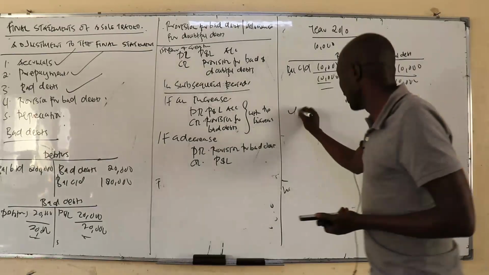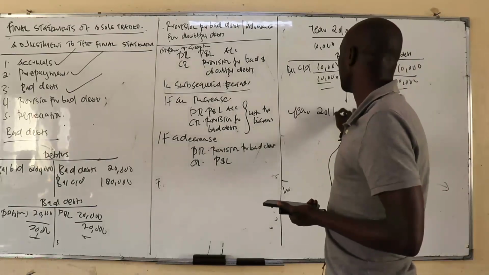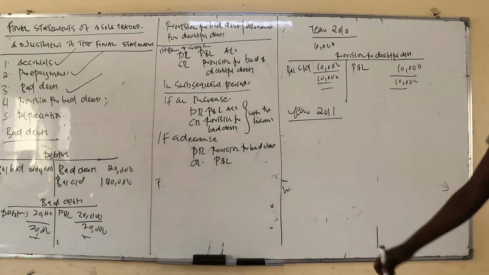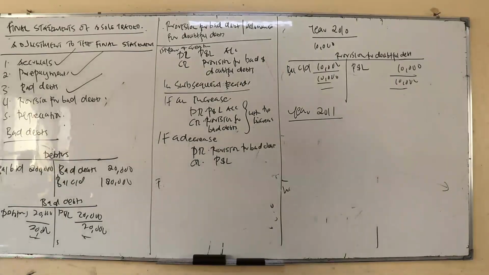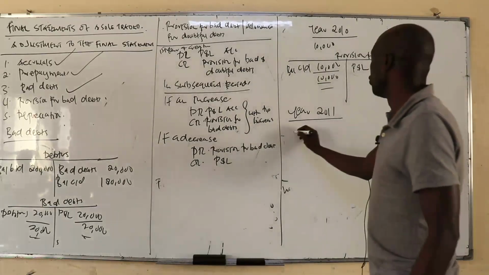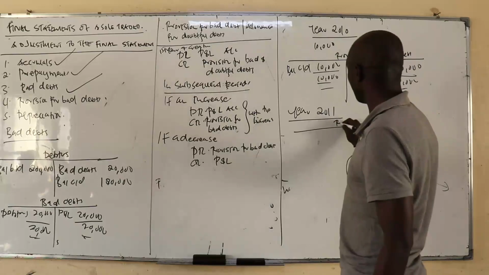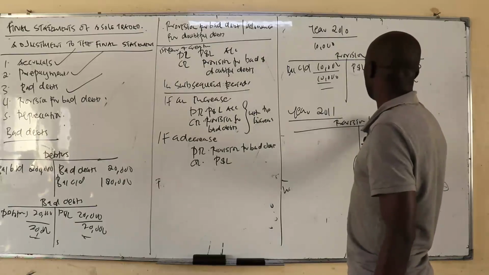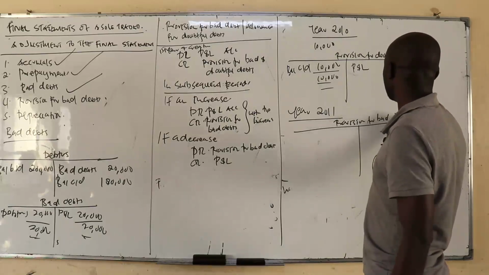Come year 2011, you assess, and this amount is just there. It's not that it's gone anywhere. And then you find out that debtors defaulted more than you anticipated. So there's need to increase this amount by maybe 5,000 to make it 15,000. So already you have this 10,000. What you do, you just open here, you write provision for bad debts.